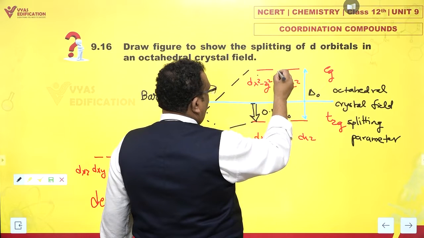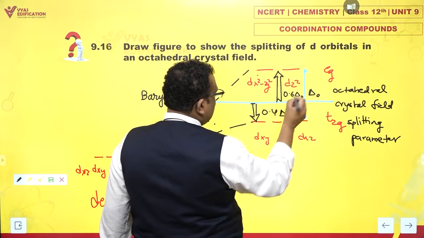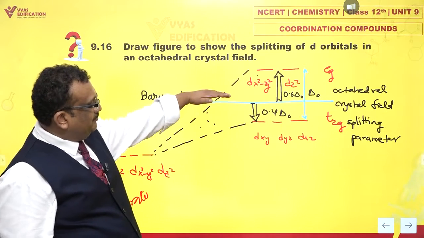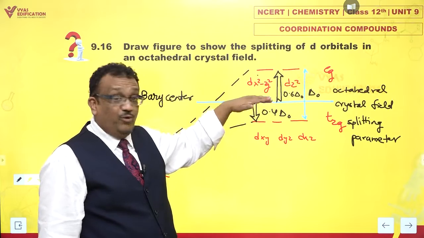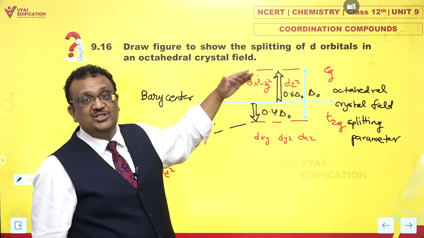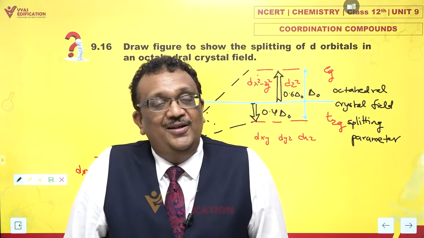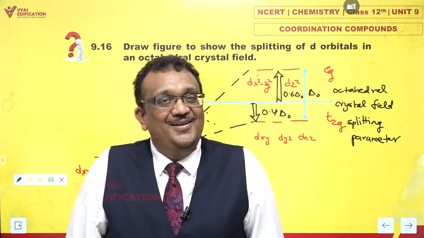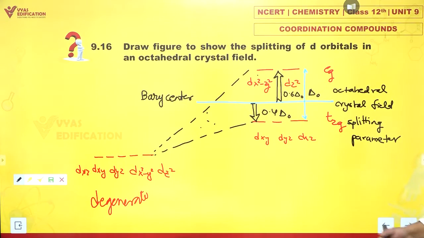And you find eg orbitals are slightly above by how much? 0.6 delta O. So as compared to barycenter or the average energy, the stable ones are 0.4 delta O below and the relatively less stable ones are 0.6 delta O above the average energy level. This, dears, is the very exhaustive and very beautiful splitting of d orbitals in an octahedral crystal field system.